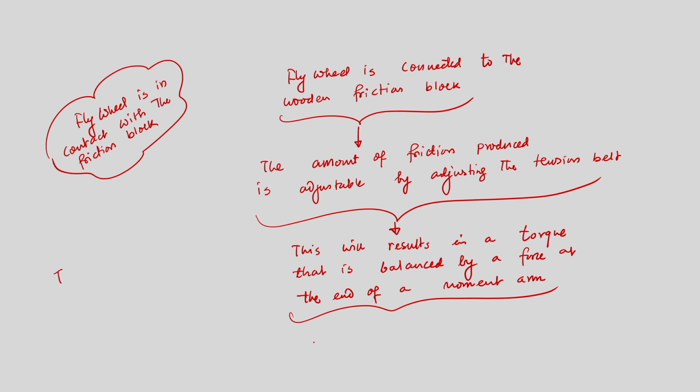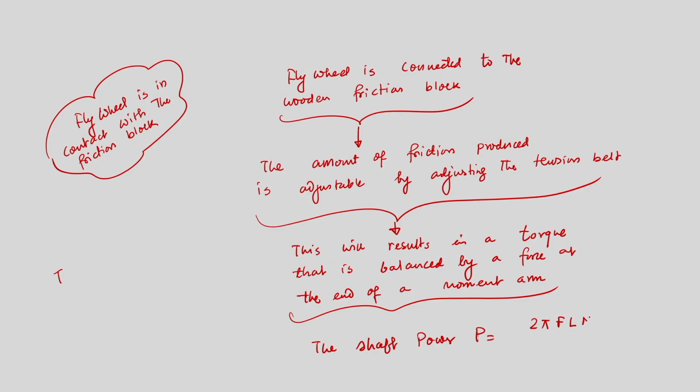We can write the shaft power P equal to 2 pi F L N divided by 33,000, and that will be in horsepower.